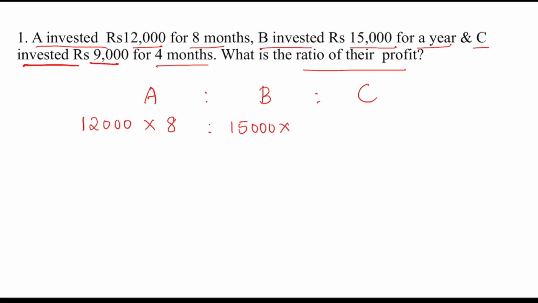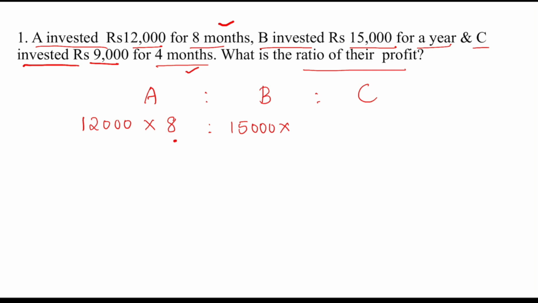A year means don't write 1, because A is 8 months and C is 4 months, so B also you should write in months only, not year. The unit of time should be the same. If this is months, then all three should be in months. If one is year, then all should be in year.